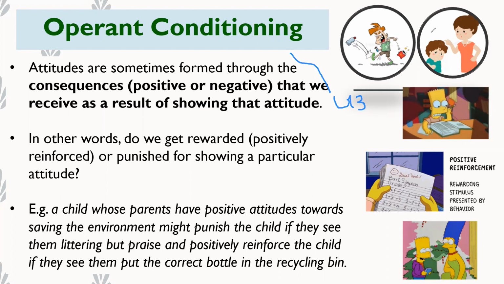And that essentially would be an example of a punishment, because you're actually getting told off for what you did. As a result of getting told off, you might feel guilty. You might actually understand that what you did was wrong. And so this behavior, which was basically the behavior that I don't care about the environment, and my behavior of littering reflects that, is now followed by a consequence that is negative.